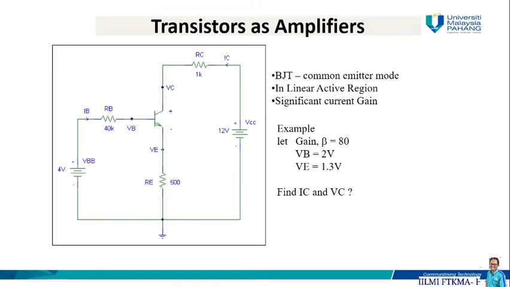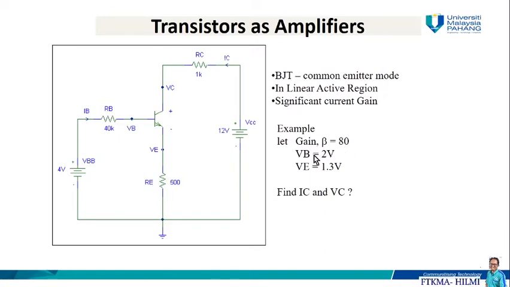So when you say that it is in the linear active region, it means that the value of VBE must be equal to 0.7 volt or larger. So we are going to use 0.7 volt for the value of the voltage between base and emitter, VBE.